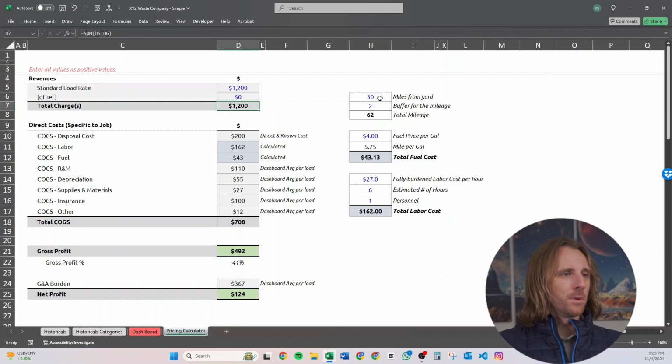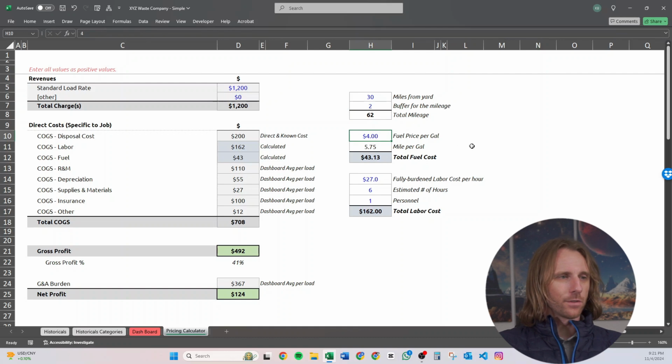Let's assume for a moment that our round trip mileage is 30 miles, and that there's a buffer of a couple miles for maneuvering to get the load from the customer site and then maneuvering at the disposal site as well. So I come up with a rough estimate of mileage of 62 miles.